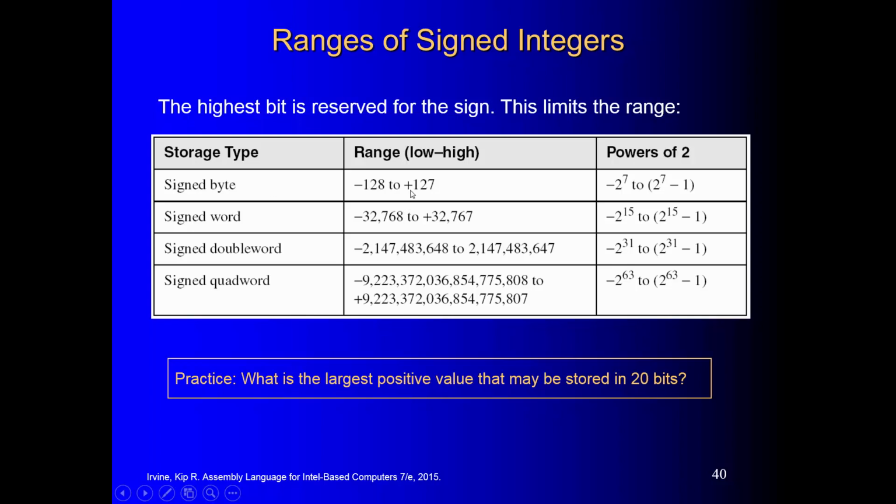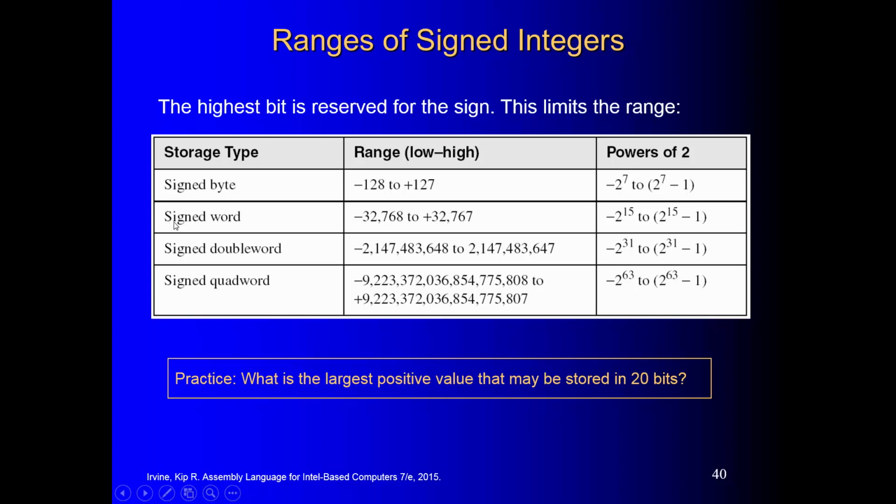The largest positive number you can put into a byte using 7 bits is 127. The smallest number you can put into a byte is negative 128. Negative 128 corresponds to negative 2 to the 7th power. 127 corresponds to 2 to the 7th power minus 1.